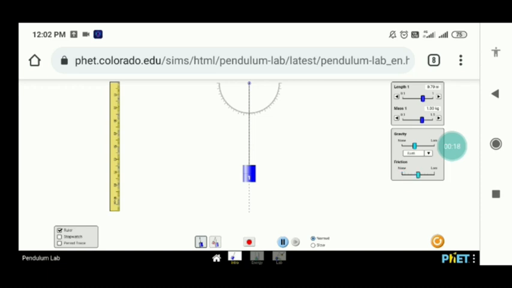You need not change the length or mass, you can just fix those, and then at some angle you can release, let's say 25 degrees, and then measure the number of periods for it to become 20 degrees, 15 degrees, 10 degrees, and so on. You can see below there is a pause button, so I have clicked the pause button. So to measure the exact amplitude you can also use this, and if I click it again it will resume oscillating.